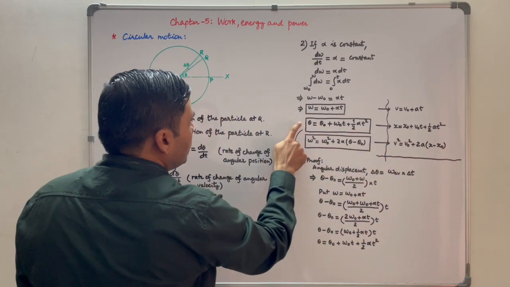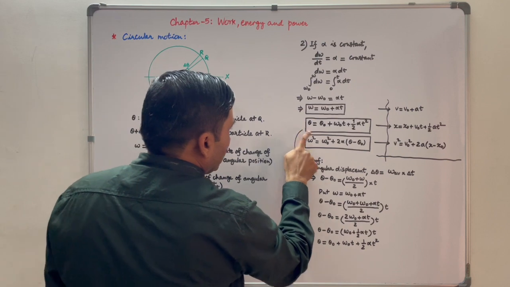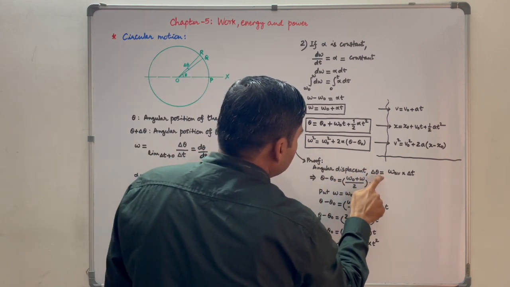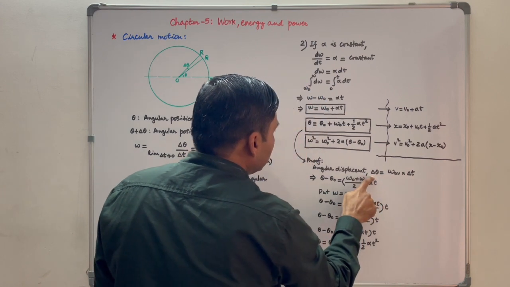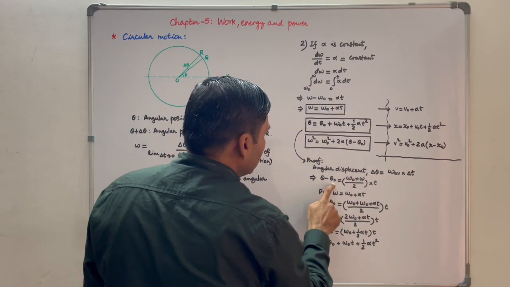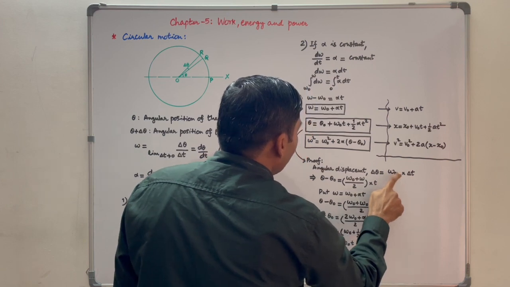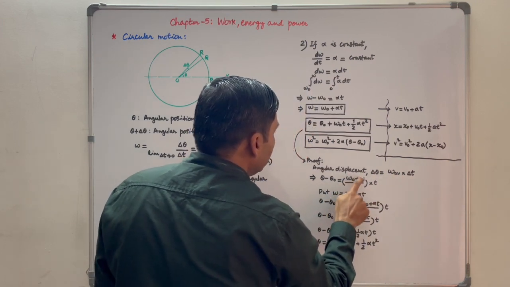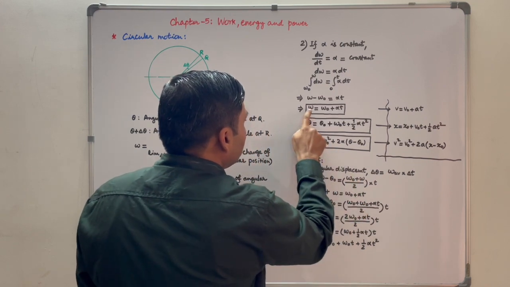Let us see proof of these two equations. Proof of this equation first. Angular displacement delta theta is equal to omega average into delta t. Delta theta is theta minus theta 0 and delta t is t minus 0. Omega average is omega 0 plus omega upon 2. Put the value of omega from first equation.